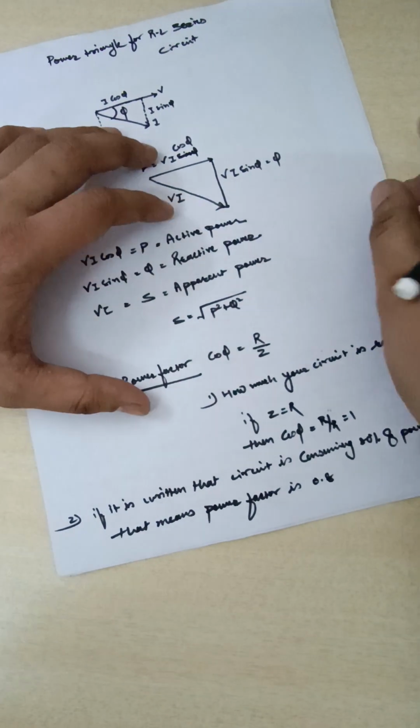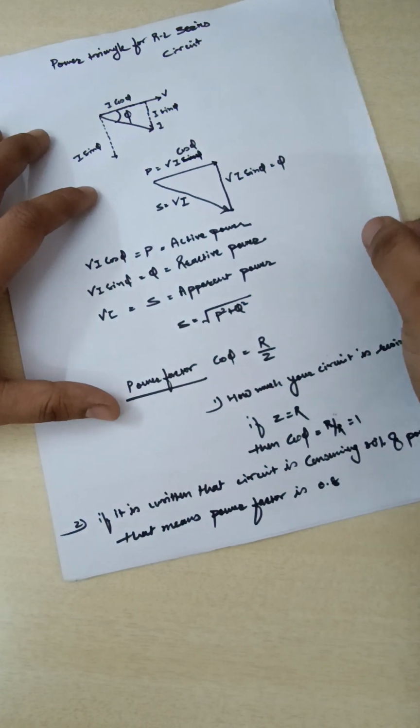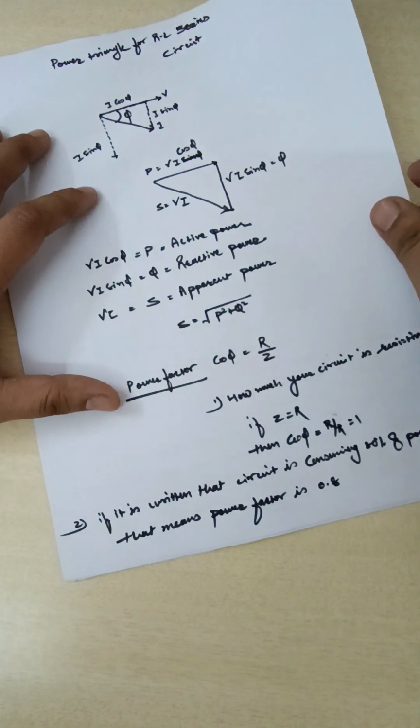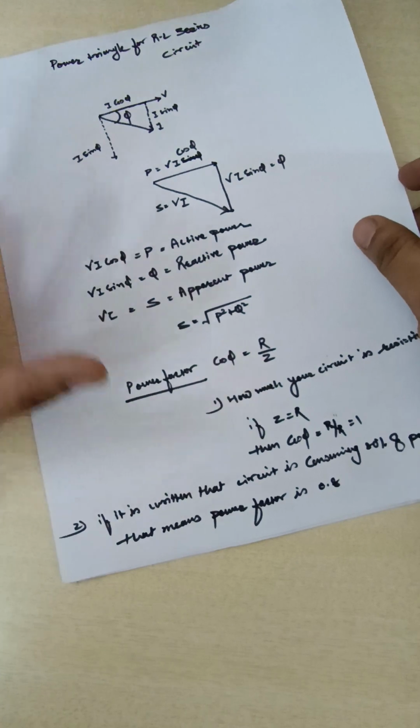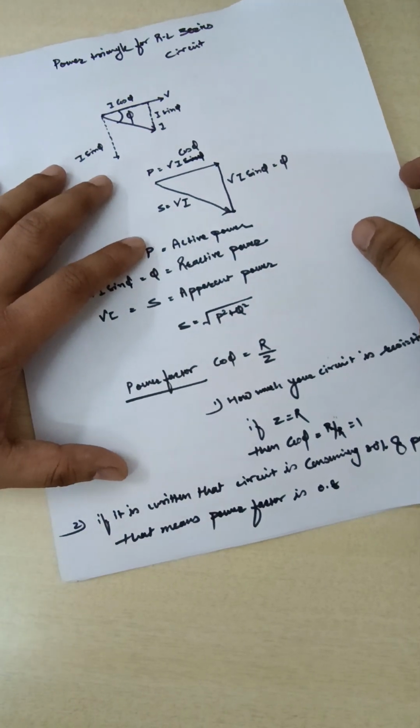It means how much circuit is consuming active power. It is also termed as power factor. So this was the theory concept of series RL circuit.